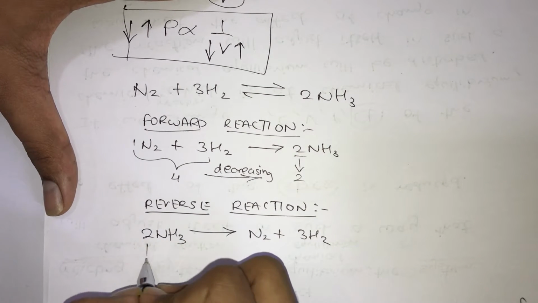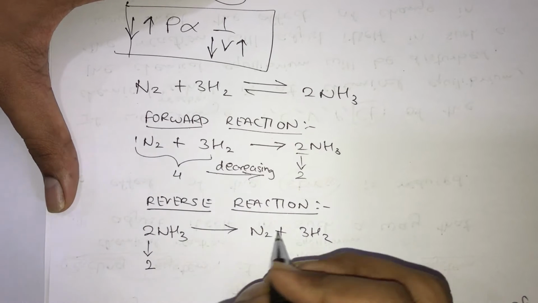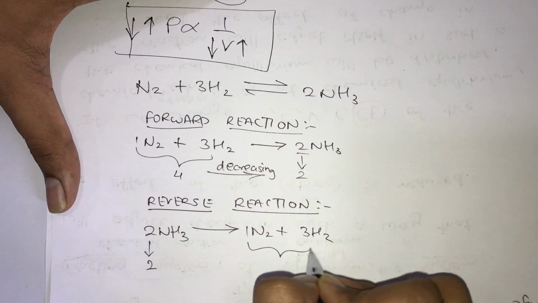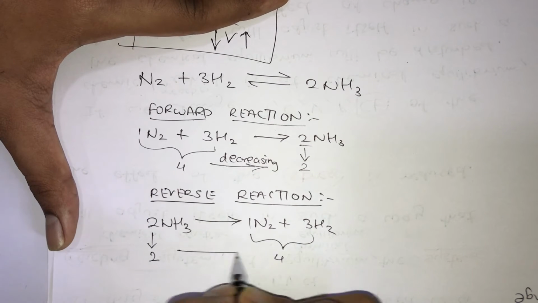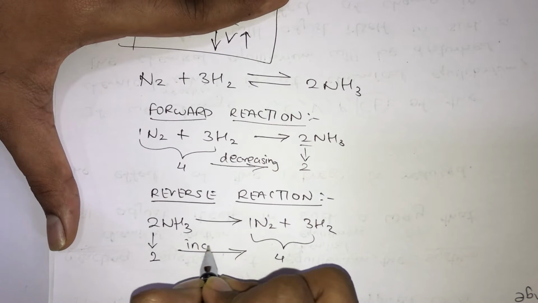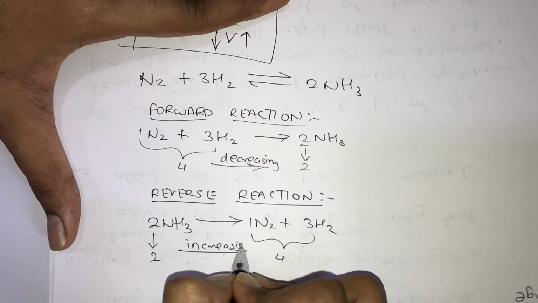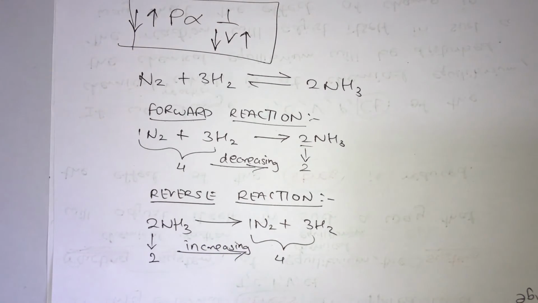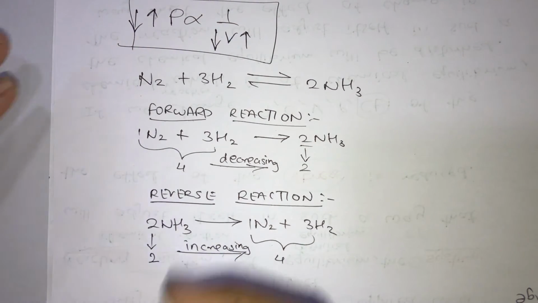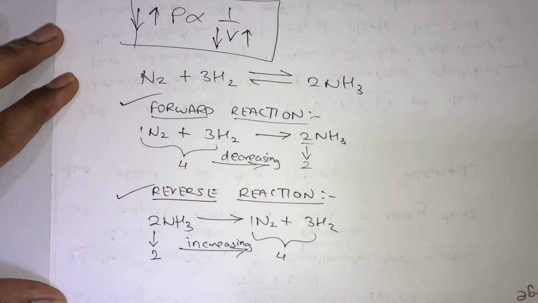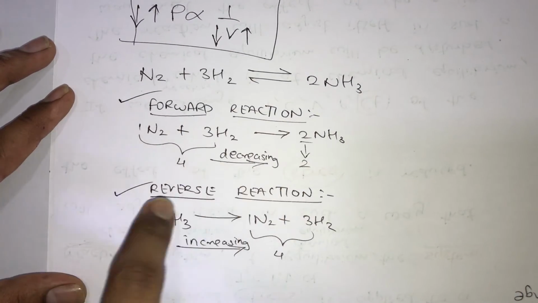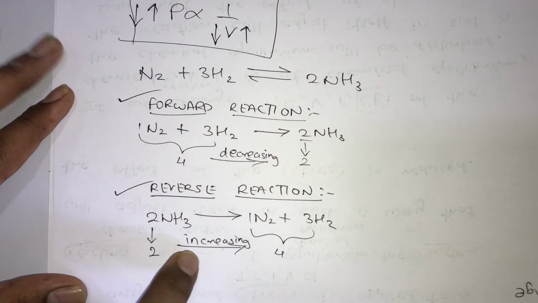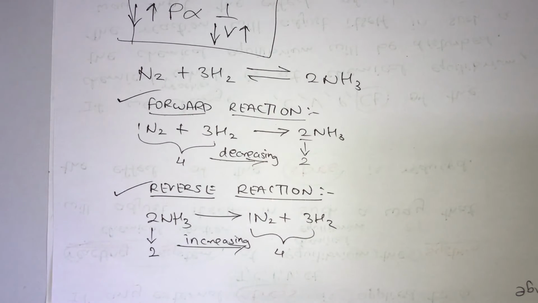Now here if you see, 2 moles are getting converted into 4 moles. So guys, can I say in a reverse reaction the number of moles is increasing? I hope you have understood these 2 points. In forward reaction the number of moles is decreasing, and in a reverse reaction the number of moles is increasing.